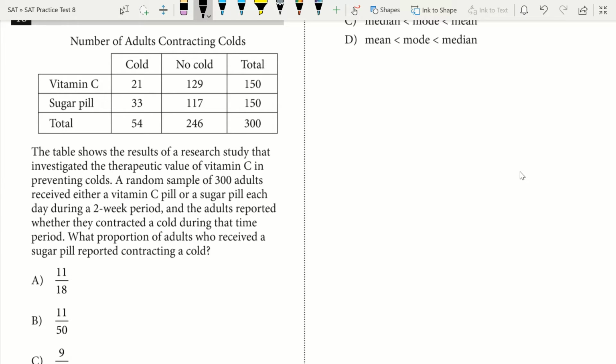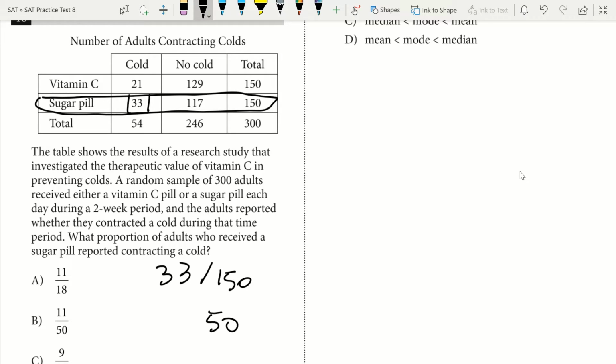What proportion of adults who received a sugar pill, so we're only considering results who received the sugar pill, so this row right here, reported contracting a cold? That would be 33 of our total in that row, which is 150. Now this can be simplified because 3 is a factor of 33 and of 150. 150 over 3 gives me 50, and 33 over 3 gives me 11, so my answer is 11 over 50, which is answer choice B.